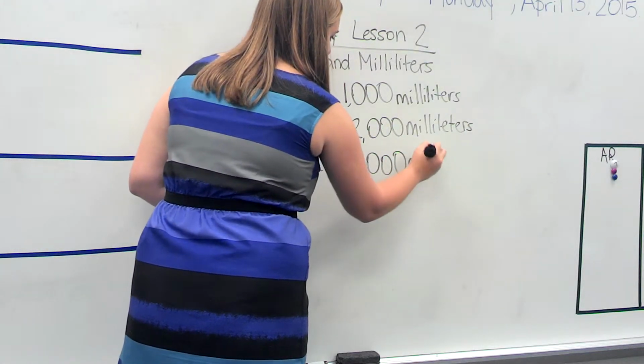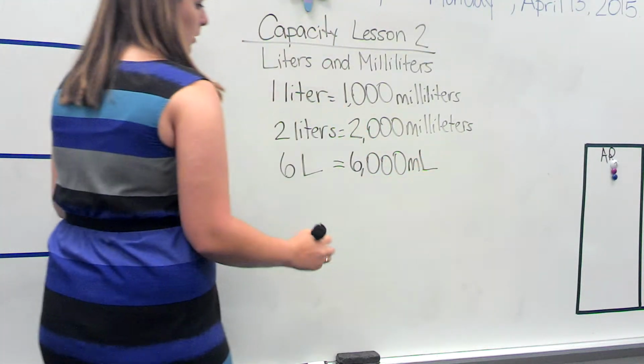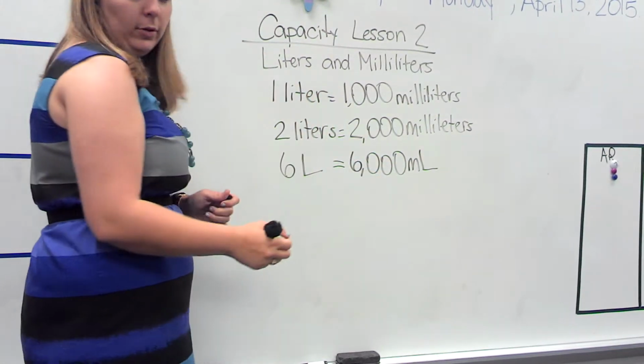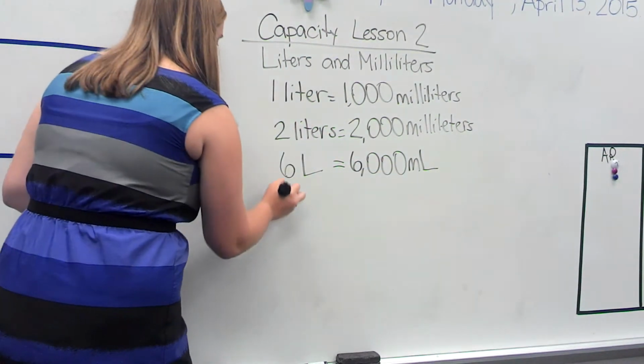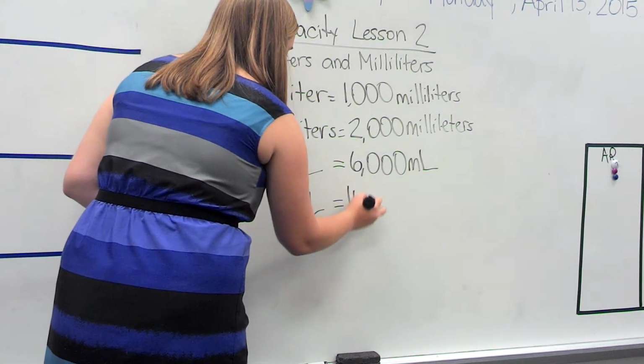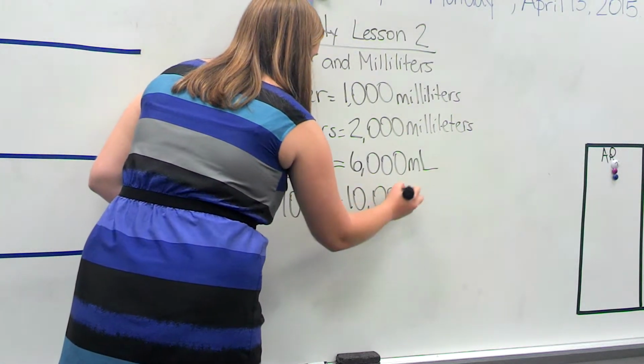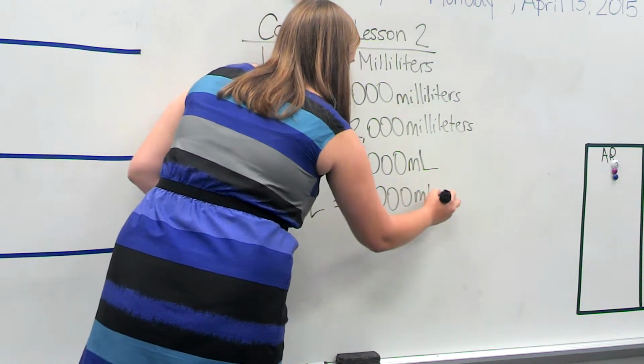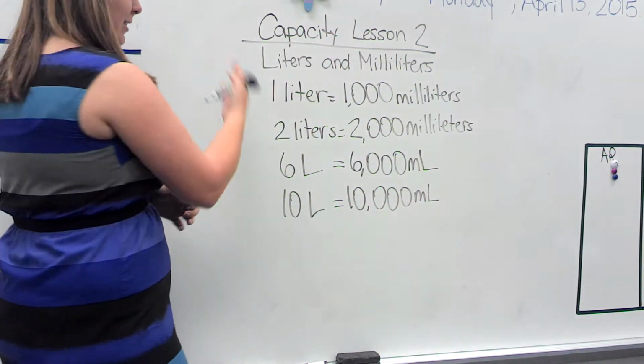M for milli, and then capital L for liters, milliliters. Same thing if we did 10 liters. It's equal to 10,000 milliliters.